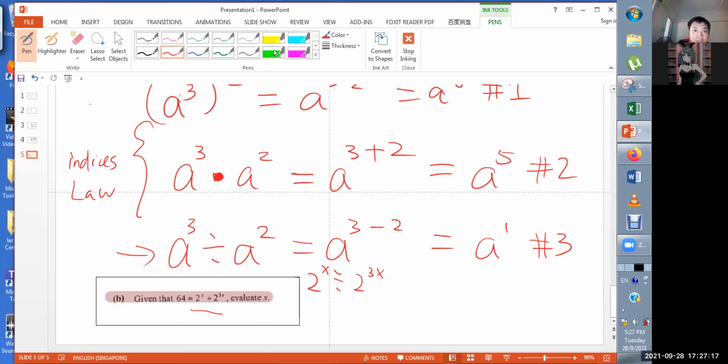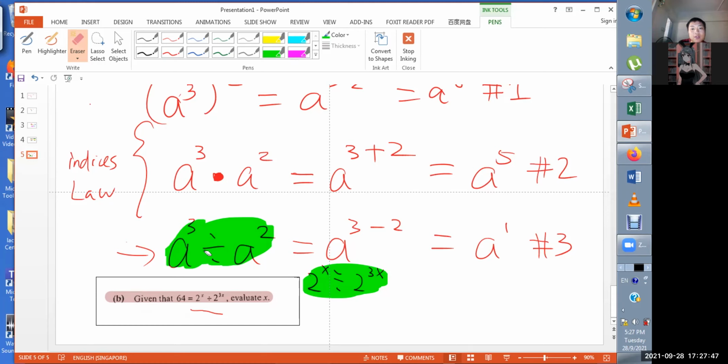Can you see this one is somewhat similar to this? A bit. Why so? Let me tell you why. Because you have both A and A. This one is 2 and 2. Am I right? And then you have divide in between.